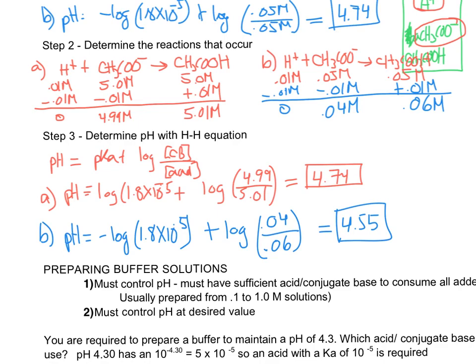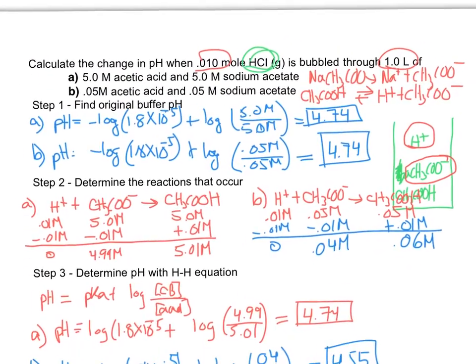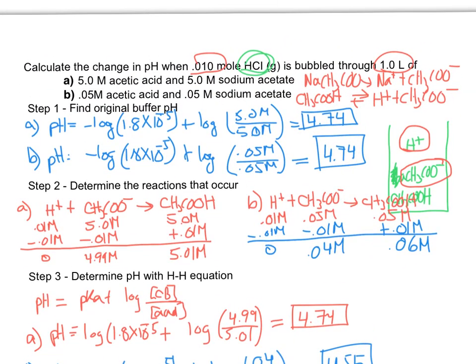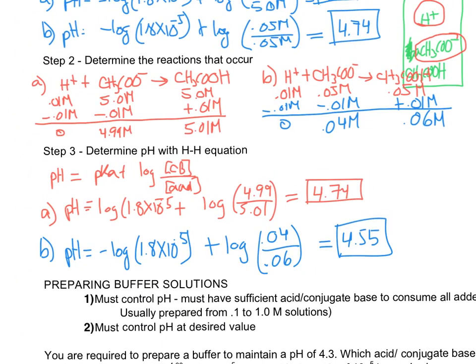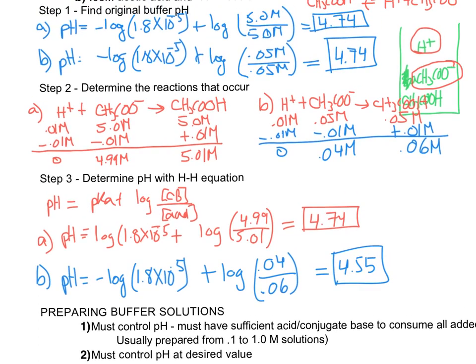My initial question was asking what change in pH happens when you add that 0.01 moles of HCl to these two buffers. It looks like if I add my acid to my first buffer, pH remains the same.